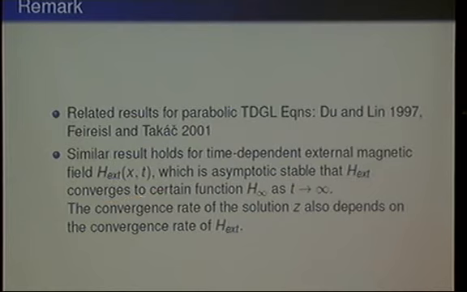Of course, in this case, the convergence rate of the solution to the limit function depends not only on the Lojasiewicz exponent theta, but also on the convergence rate of the external force.